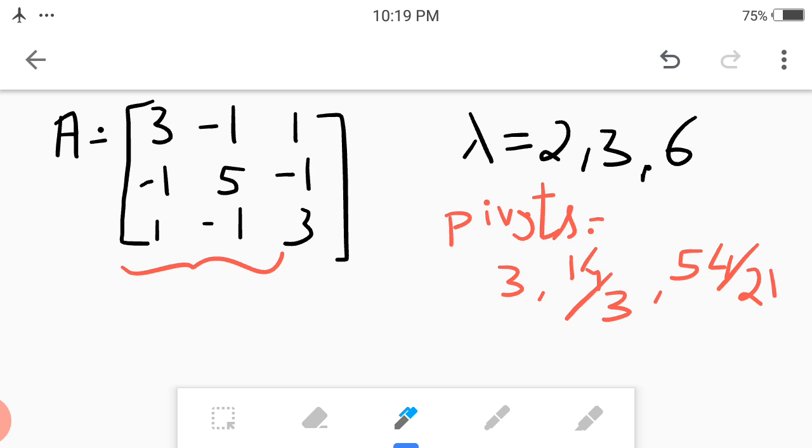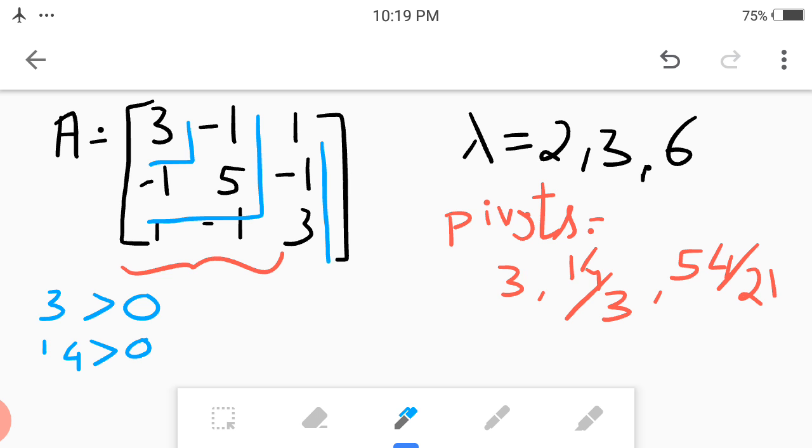Okay, so the last way to confirm a symmetric matrix is positive definite is by using determinants, right? So determinant of this is 3, which is greater than 0. Determinant of 2 cross 2 is what? 15 minus 1, that's 14, is greater than 0. The last subdeterminant would be the 3 cross 3 matrix.